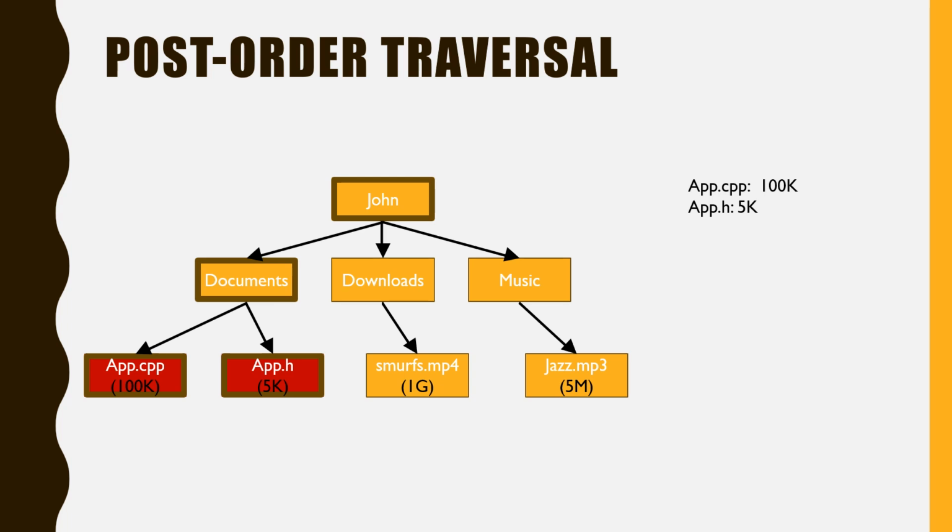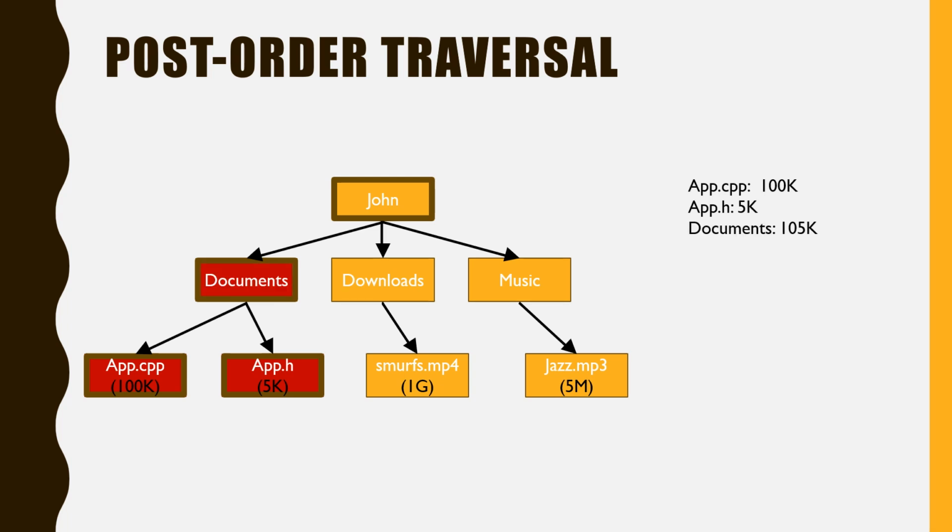After visiting app.cpp, we know that the node has other siblings. In post-order traversal, we must visit all the siblings before visiting the parent. As a result, we proceed to visit the sibling of app.cpp, which is app.h, and record its size.